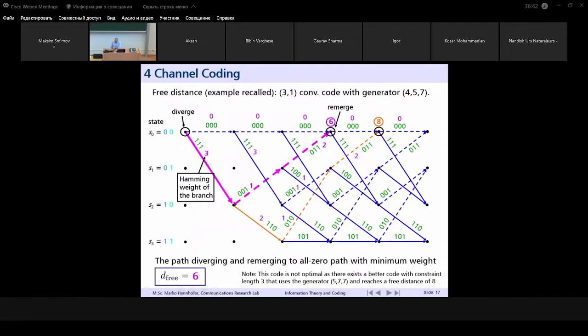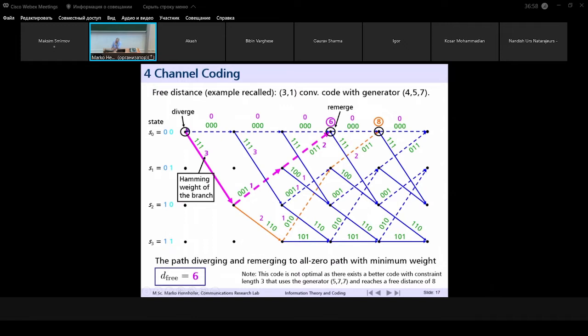So let's get to this here. It's also written here, free distance is defined by the path diverging and remerging to the zero path with the minimum weight.